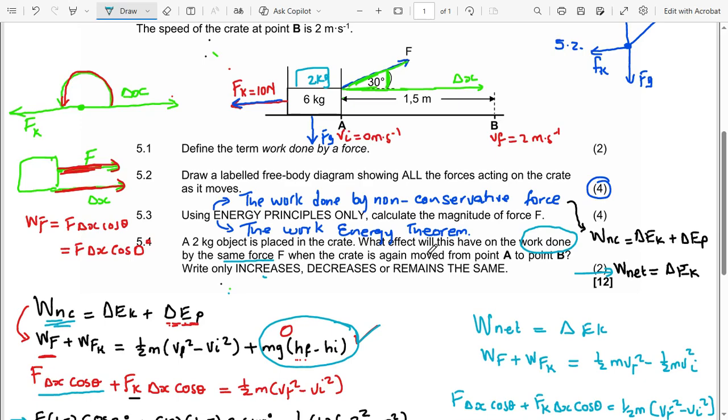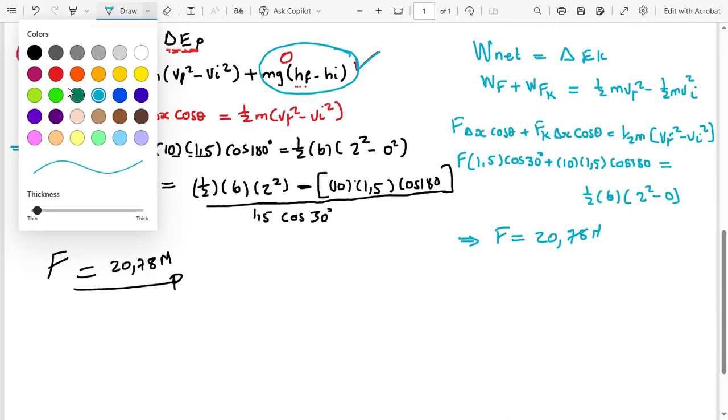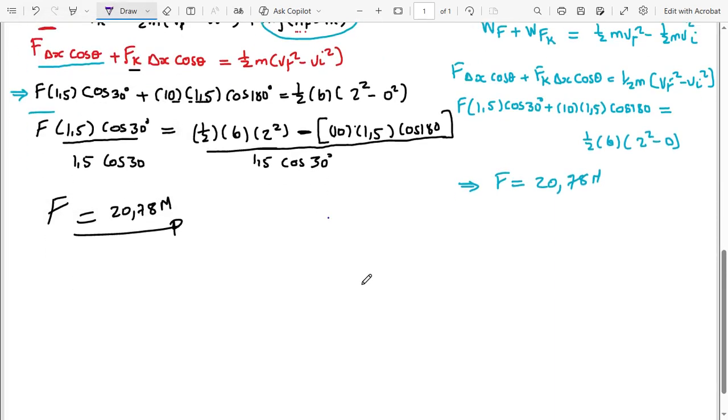To answer this question, I know that the work done on an object by the force F is equal to F delta x cos theta. What is this formula telling you?